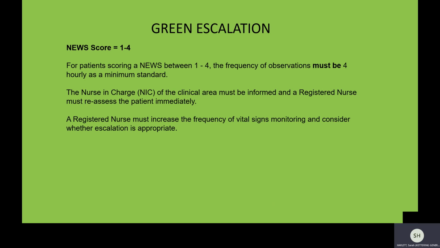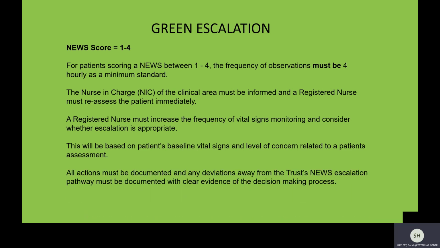A registered nurse must increase the frequency of vital signs monitoring and consider whether escalation is appropriate. This will be based on a patient's baseline vital signs and a level of concern related to a patient's assessment. All actions must be documented, and any deviations away from the trust escalation pathway must be documented with clear evidence of the decision-making process.